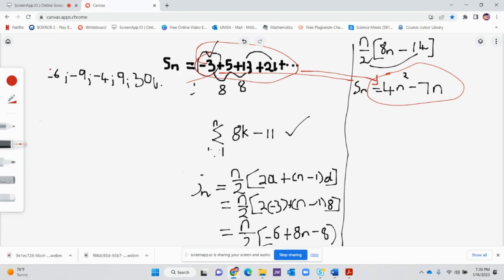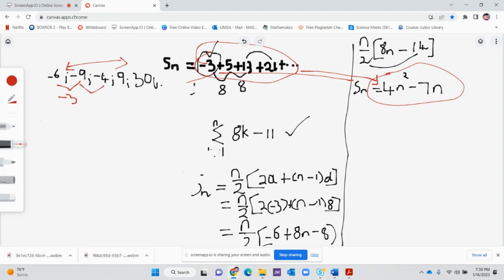Alternatively, remember we had that sequence that we created from Q1, Q2, Q3. So we could try to find the constant differences. We have minus 9 minus minus 6, which is minus 9 plus 6, and this will be minus 3.